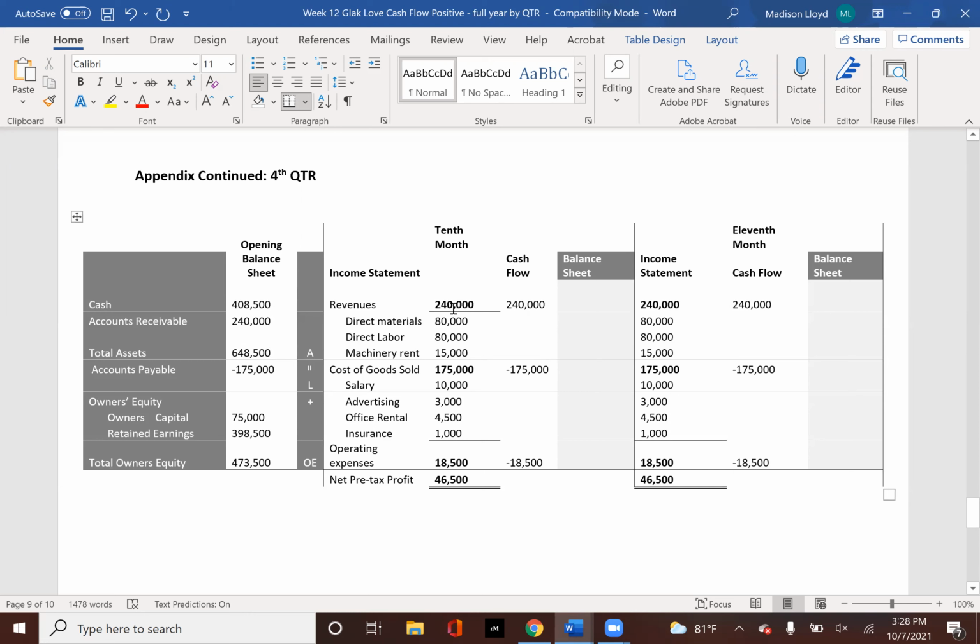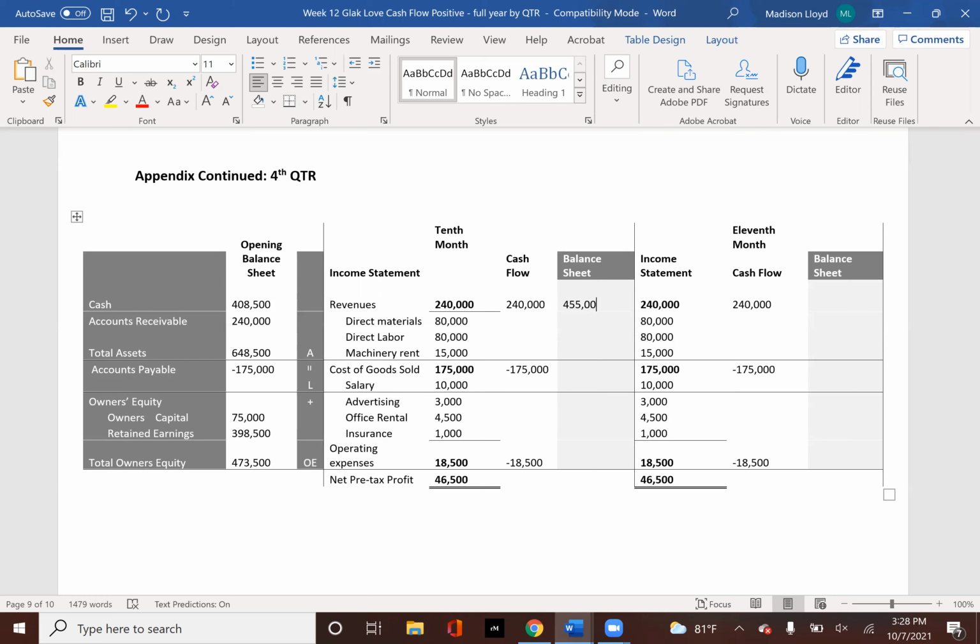Take this number, subtract your expenses, which is $175,000, subtract your $18,500, and you get, let me do the math.